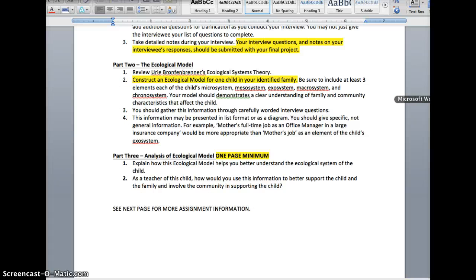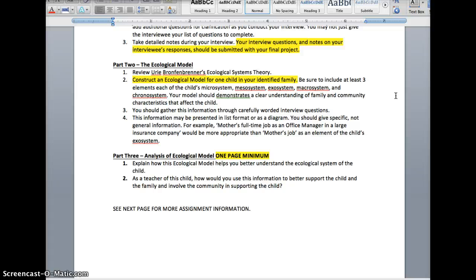If you want to just list the different systems, microsystem, mesosystem, exosystem, macrosystem, and chronosystem, and then describe at least 3 elements in each of those systems, that's fine. So you can either draw it like a model or you can just do it in a list, whatever works for you. Your model should demonstrate a clear understanding of your family and the community that affect the child.